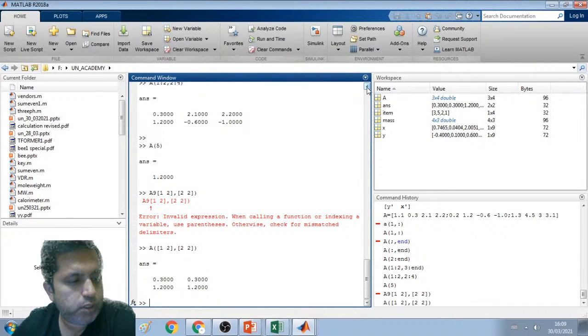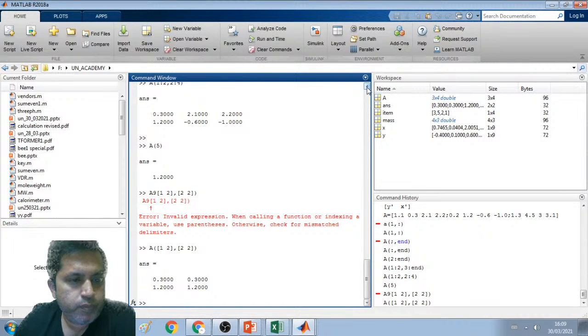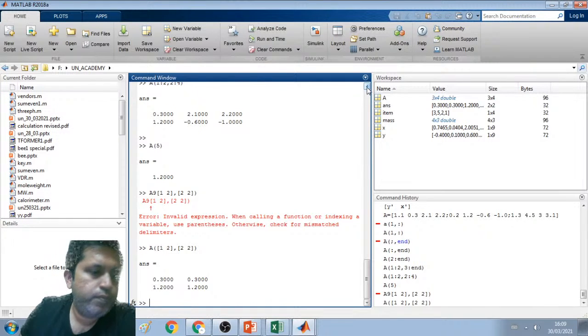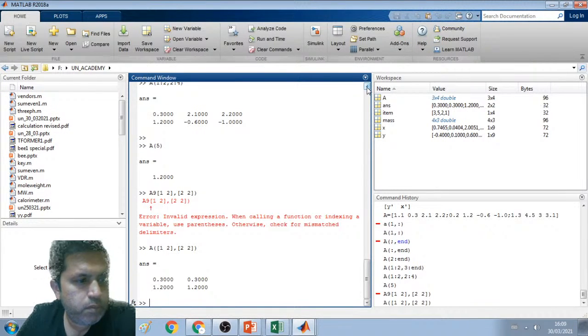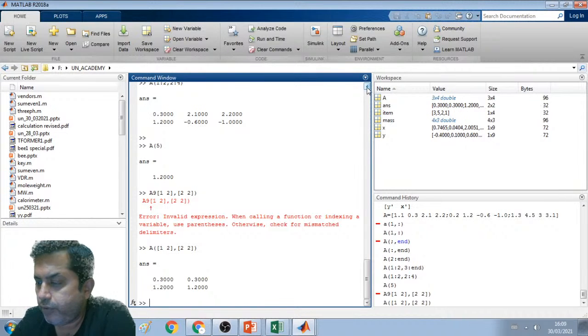Okay, this is the value. Okay, in this way you can find out the values.